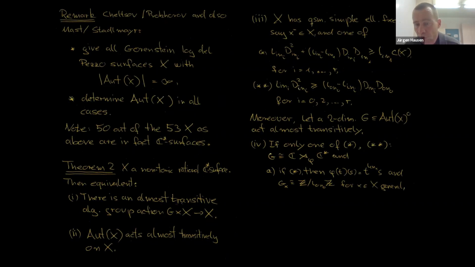It puts phi of t applied to some s as t to the l1 n1 times s, where l1 n1 is the order of the isotropy group in the curve D1. And we also can say what is the isotropy group of the general point for this almost transitive action of the semi-direct product G: this is a cyclic group of order l0 n0.